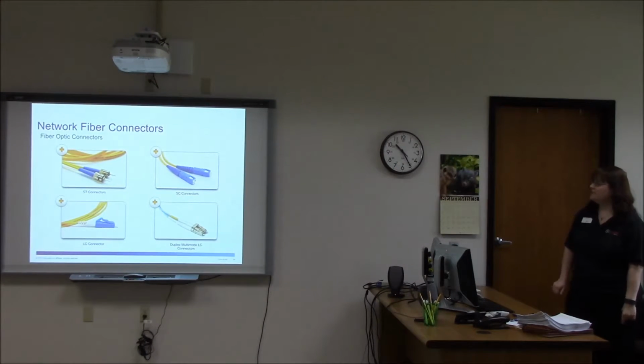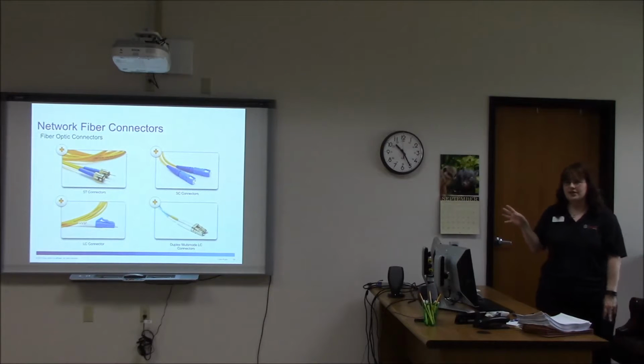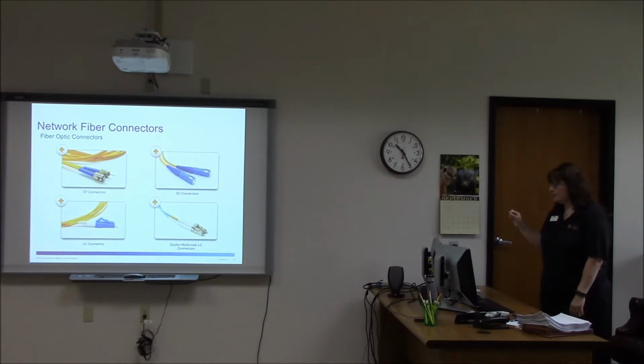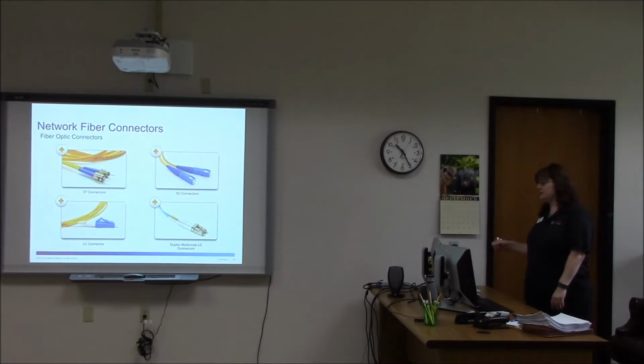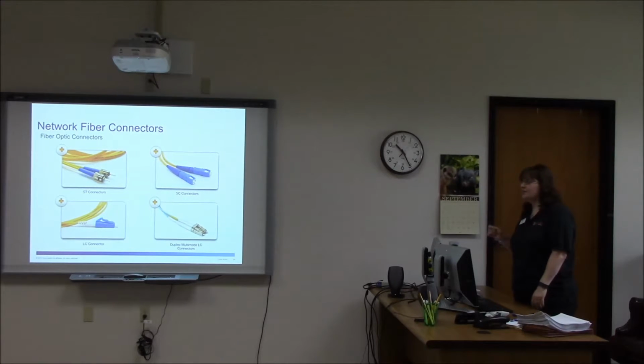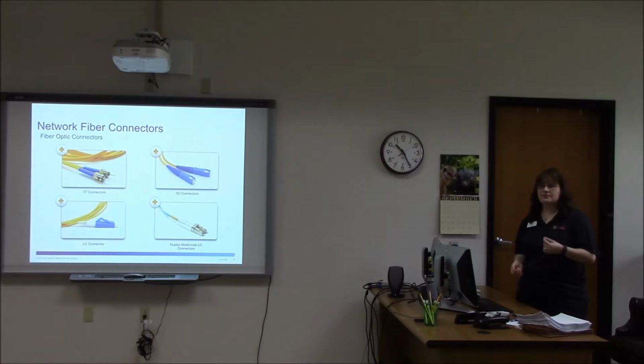There are different kinds of fiber connectors. You need to, in general, know what these are. I can tell you when you get to Net Plus, this is going to come up again. But there's the ST, the SC, the LC, and the duplex multi-mode LC. If you can think of something that makes those names distinguishable to you, so I would always say ST stands for stick twist, because there's a stick on the end and you twist it to make it work.